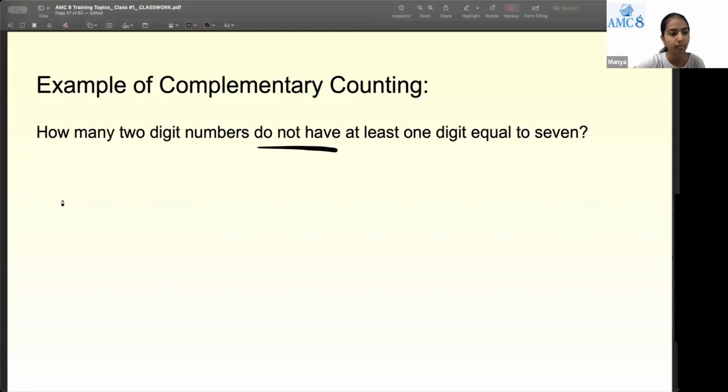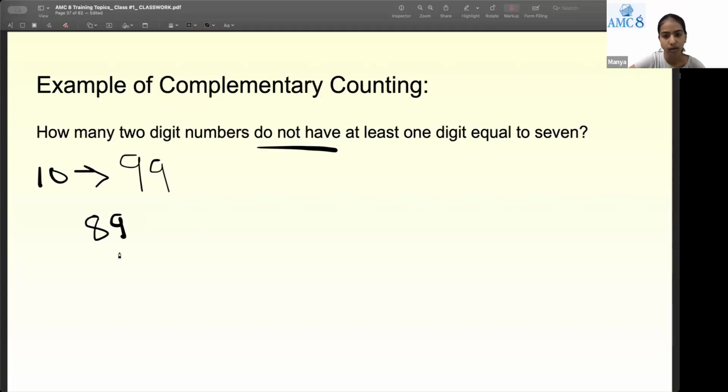That would be from 10 to 100. Or sorry, not 100, that would actually be 99 because 100 is a three-digit number. So from 10 to 99, how many numbers are there? 10, 11, 12. We can also count all of them, but there would be 89 numbers.